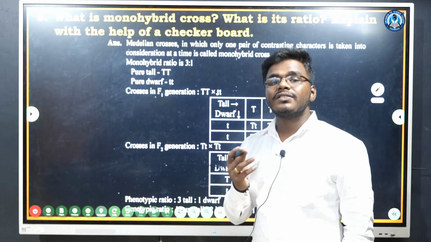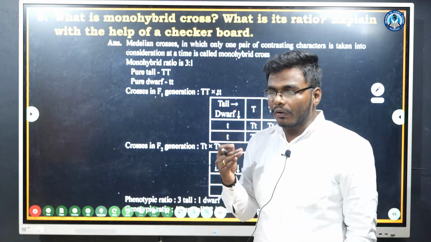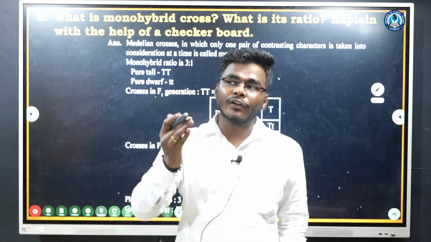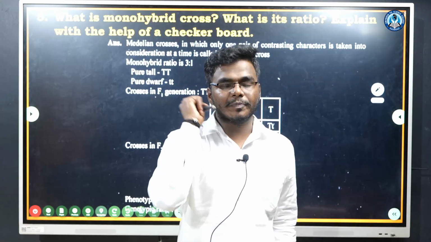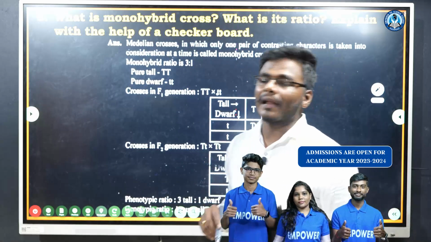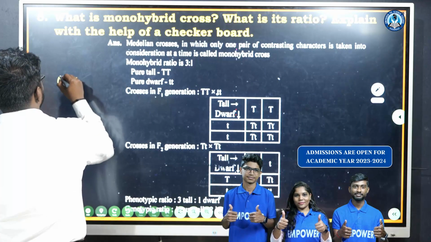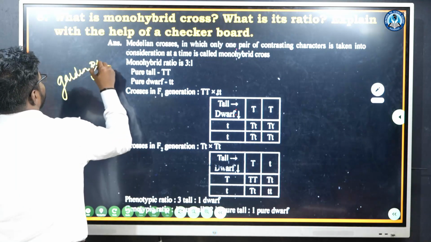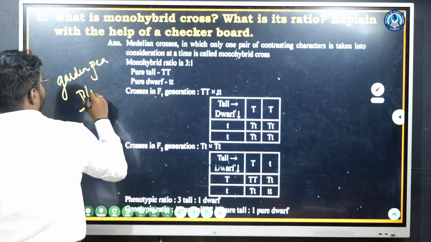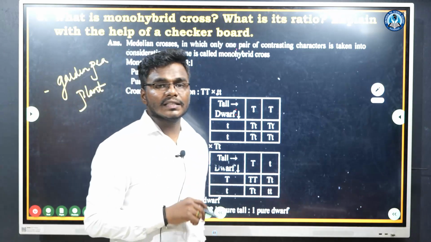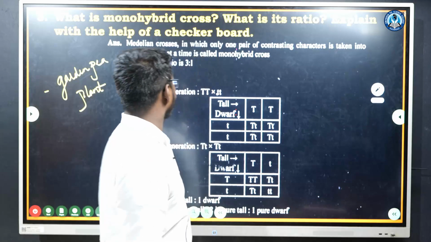He conducted a series of experiments to show how characters are inherited from the parents to offspring. For this experiment he chose a pea plant, which is a garden plant, the garden pea plant, which we are going to call Pisum sativum.